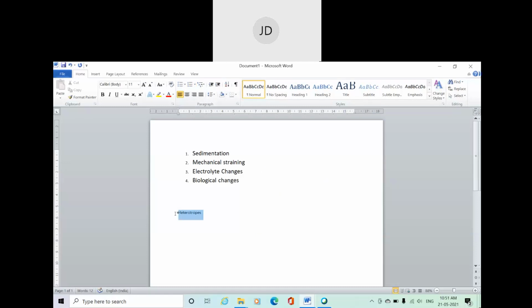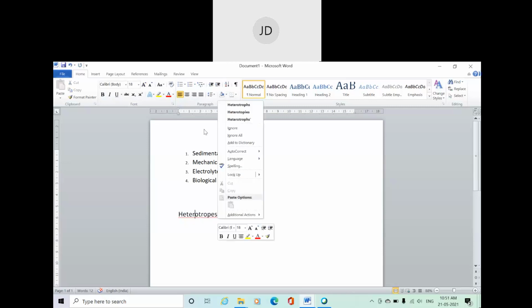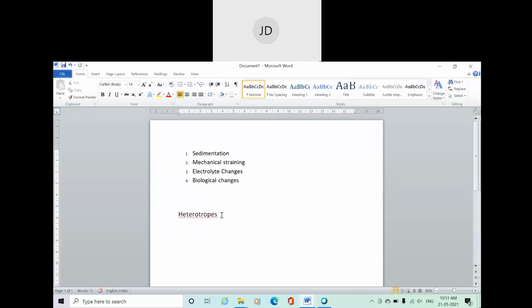You can search in Google, as my spelling may be a little off, but anyway it's heterotrophs. Examples of heterotrophs are bacteria and virus. They consume organic matter, slowly oxidize it, and produce carbon dioxide, acid and alcohol.